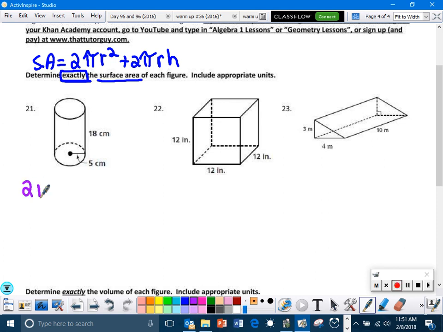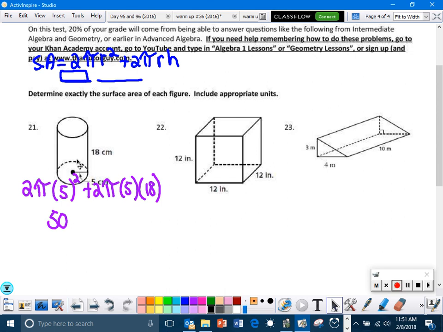We're going to go 2 pi, the radius is 5, squared, plus 2 pi times the radius, which is 5, times the height, which is 18. Okay, I'm going to simplify. So 2 times 5 squared is 50. So that becomes 50 pi.